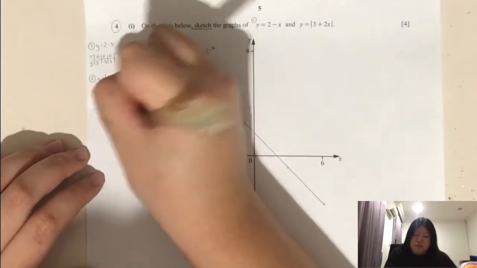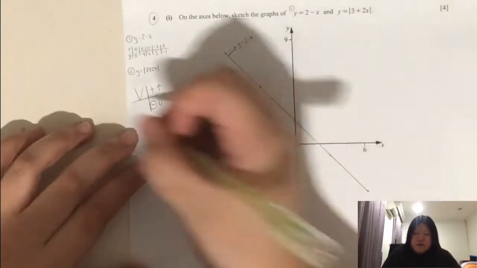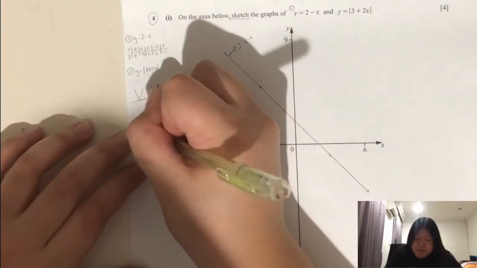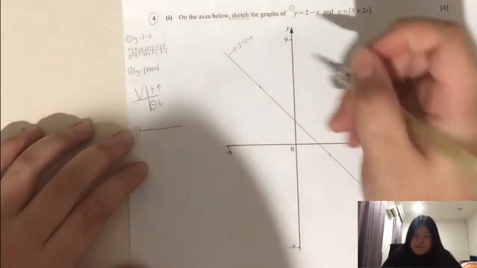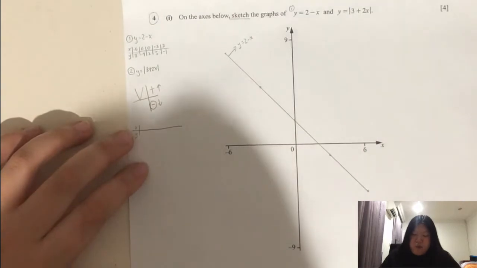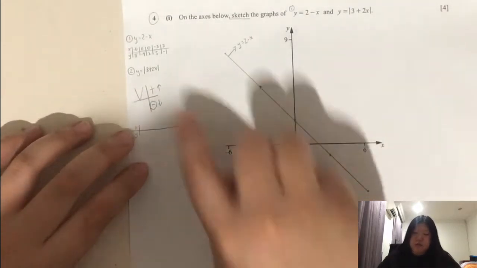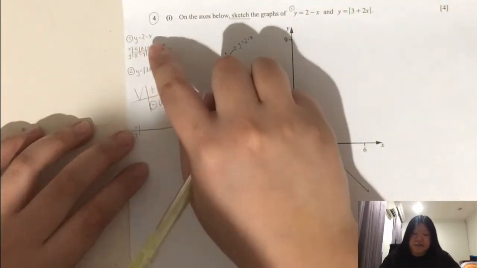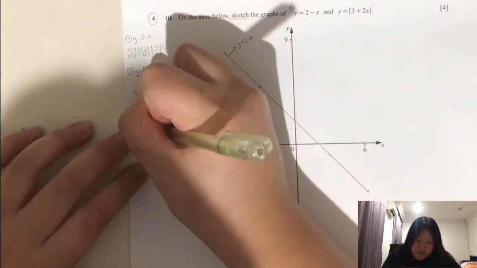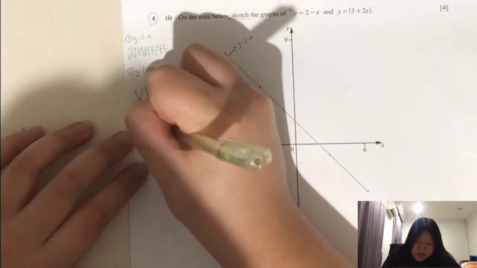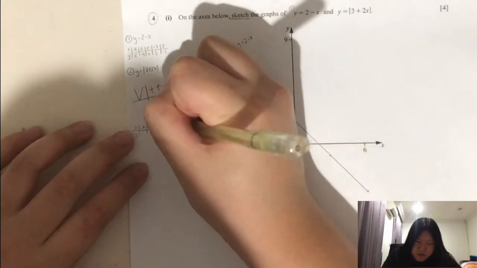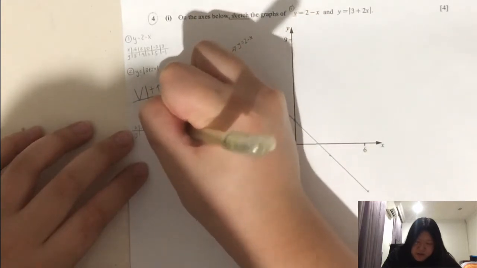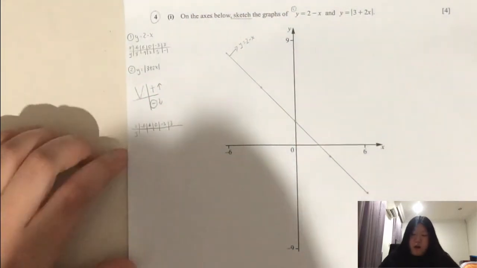Now I'll be using the same method to find the points of x and y. I'll be using the same exact x values, which are -6, 6, 0, -3, and 3, so that I can find the y values.